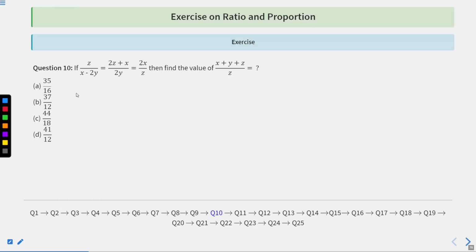If z upon x minus 2y equal to 2z plus x upon 2y equal to 2x upon z, then find the value of x plus y plus z upon z.